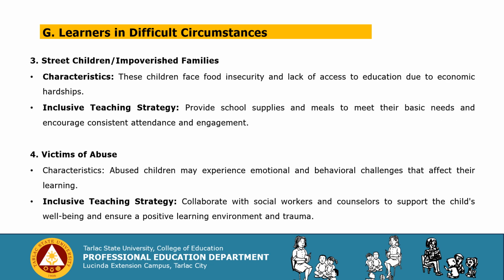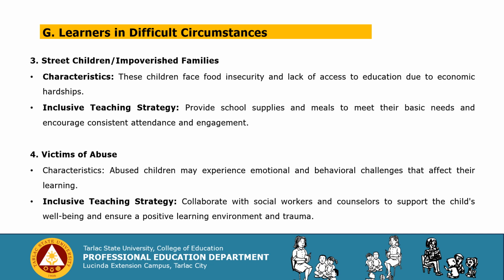Number three, under learners in difficult circumstances, is children from impoverished families. They often grapple with food insecurity and lack of access to education due to ongoing economic hardships. These challenges hinder their ability to attend school consistently and engage fully in their education.